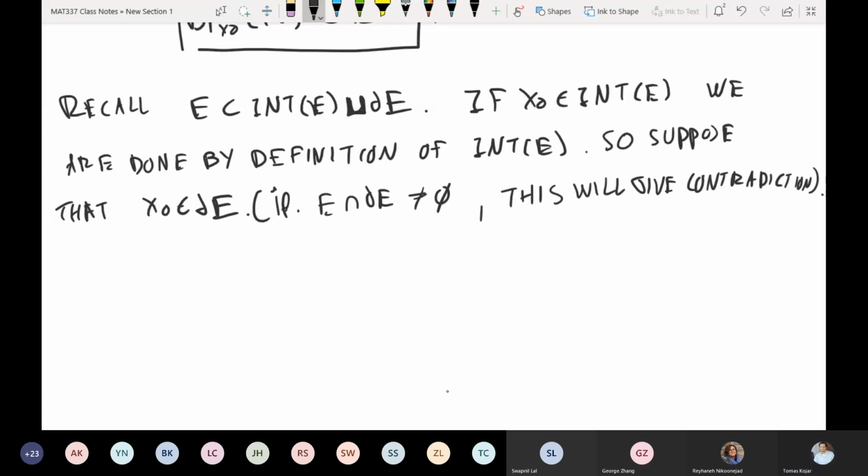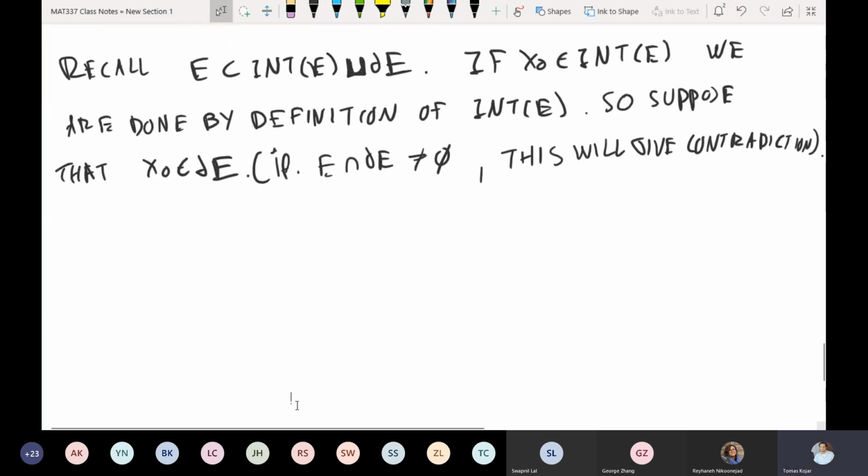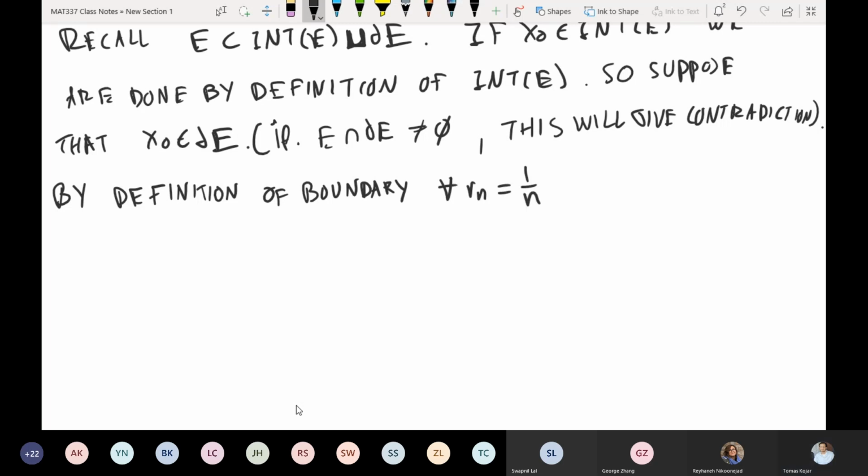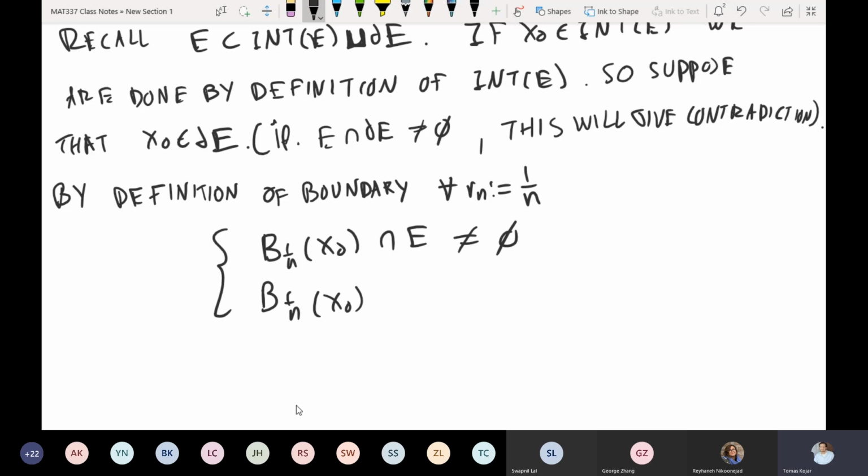All right. Okay, so by definition of boundary, for all Rn equal to 1 over n, we have that the ball centered at x naught intersects E, and it also intersects the complement.